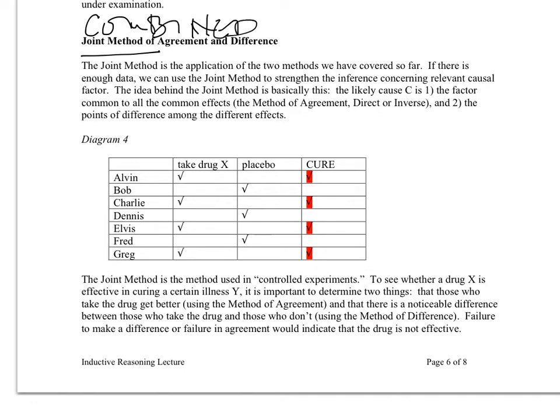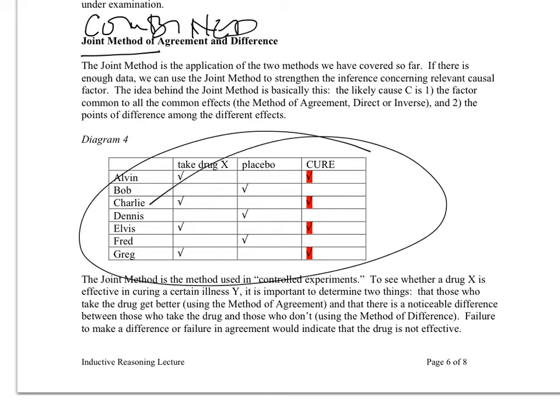In the combined method, you're going to look for commonality to identify the cause, and again, difference to make sure that the cause that you've identified is the relevant cause, and the way in which this diagram is set up basically illustrates how you could use a combined method of difference and agreement. And this is basically the main setup for what's called controlled experiments.